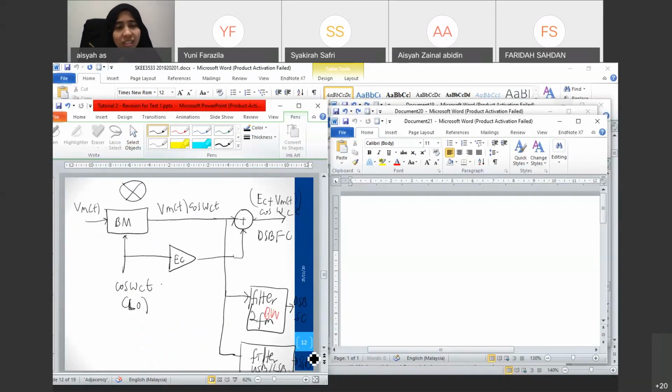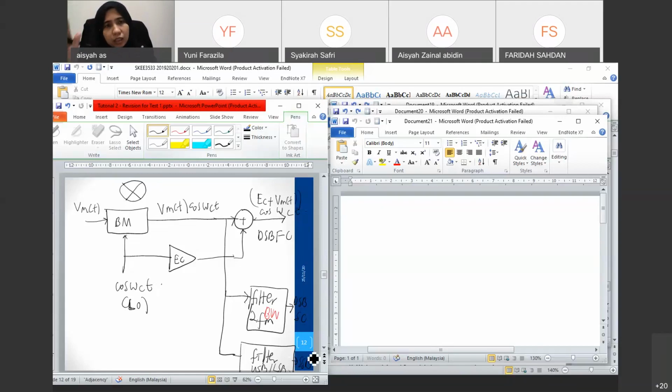Yes, it is a bit of a tricky question that you need to understand the concept. The lecture only states that generally you use the balance modulator.